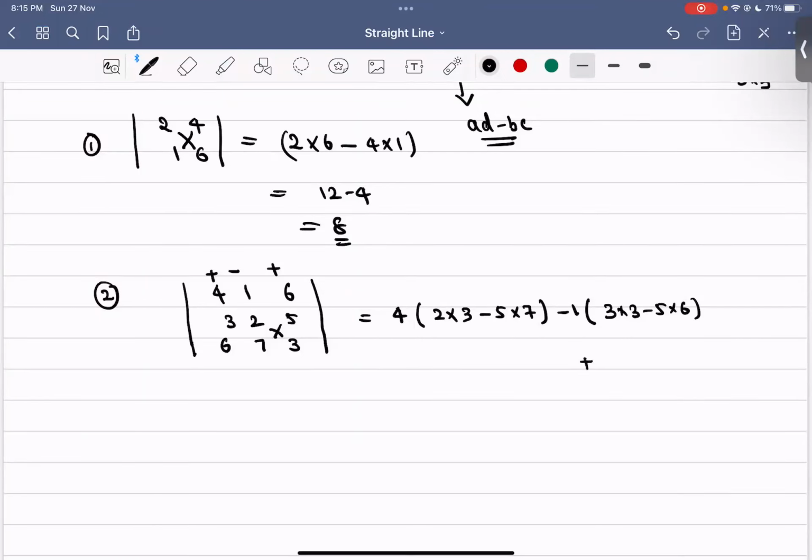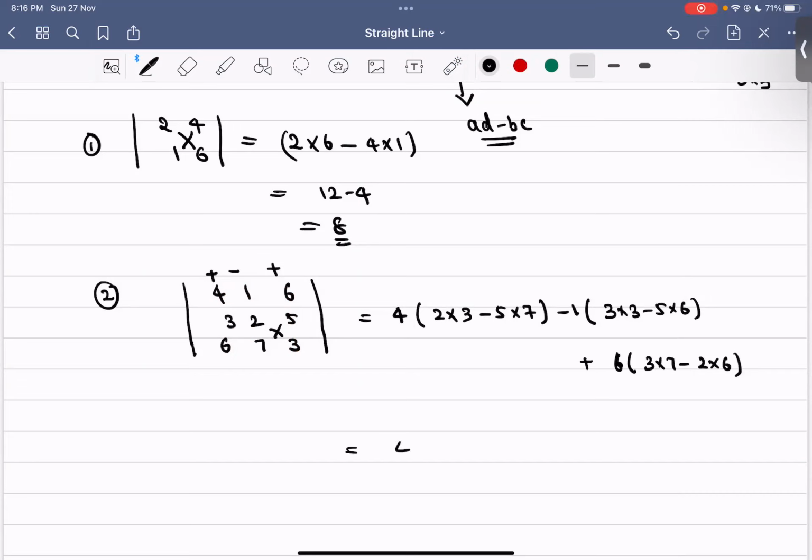So plus 6 into, leave the column and the row which contains 6. Then you have 3 into 7 minus 2 into 6. Therefore 3 into 7 minus 2 into 6.